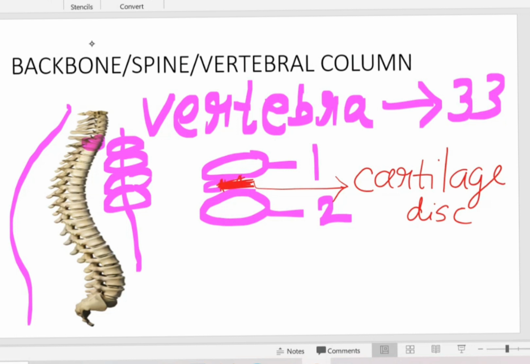The skull is connected to the first vertebra with the help of a joint. That joint is called a pivot joint. The pivot joint is making the head do its movements.